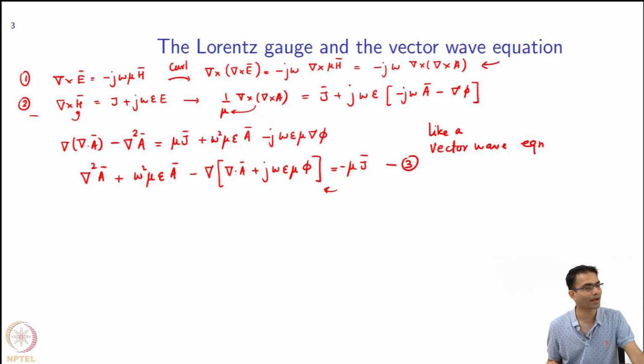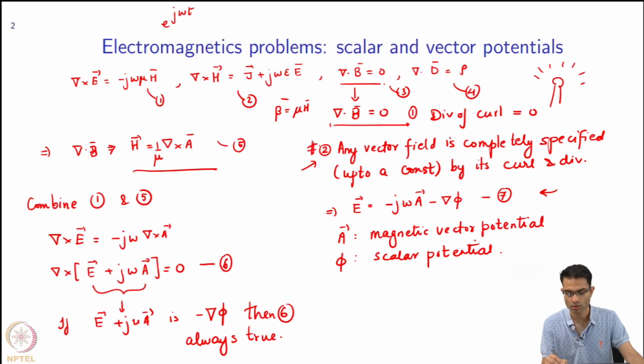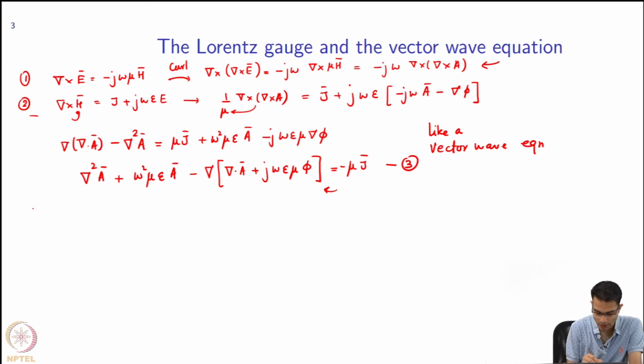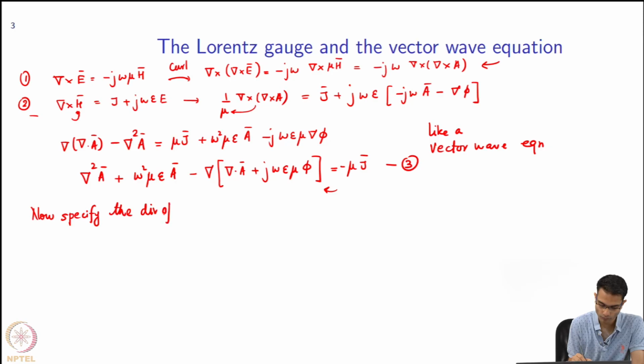But here is where I use fact number 2. Fact number 2 is divergence and curl both have to be specified. So, if I now specify the divergence of A, what is the most natural choice for divergence of A? Negative of this term. Okay.